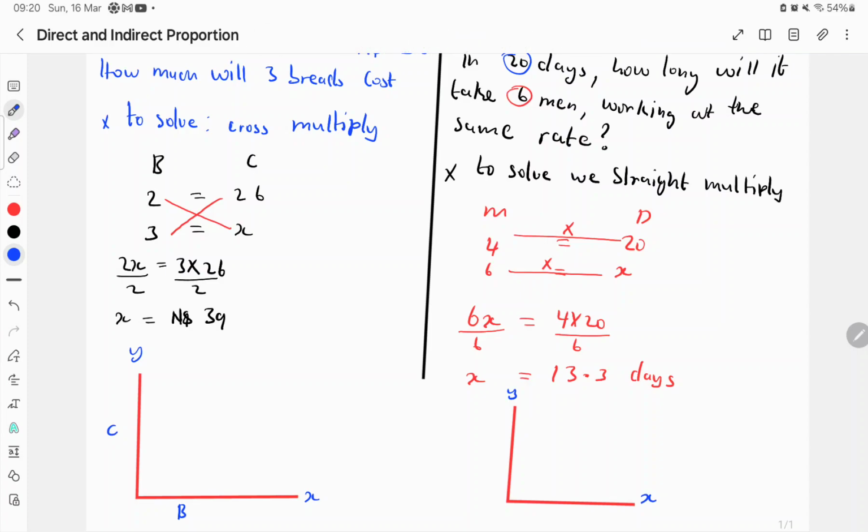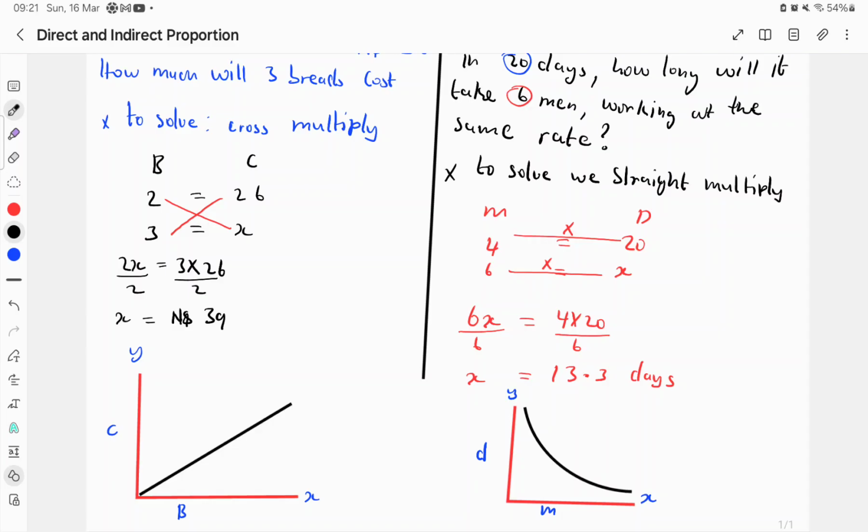Days depend on the number of men. So men is here and the days are here. Now this graph normally will go like this, a straight line graph from the center going like that. While this graph is not, it's gonna go like this. That's the difference between an inverse proportional graph and the direct proportional graph.